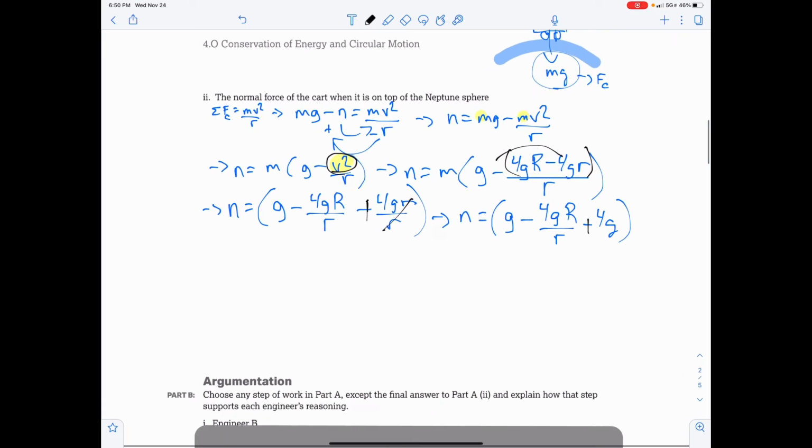There we go. Almost had an oopsie there. Okay. Normal force. Now we can go ahead and take g plus 4g, and we've got 5g minus what's left over, minus 4g big R over little r.